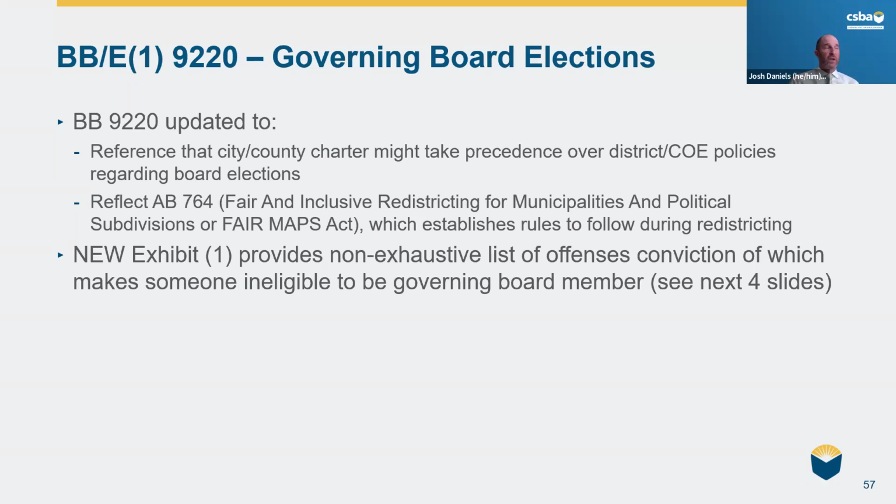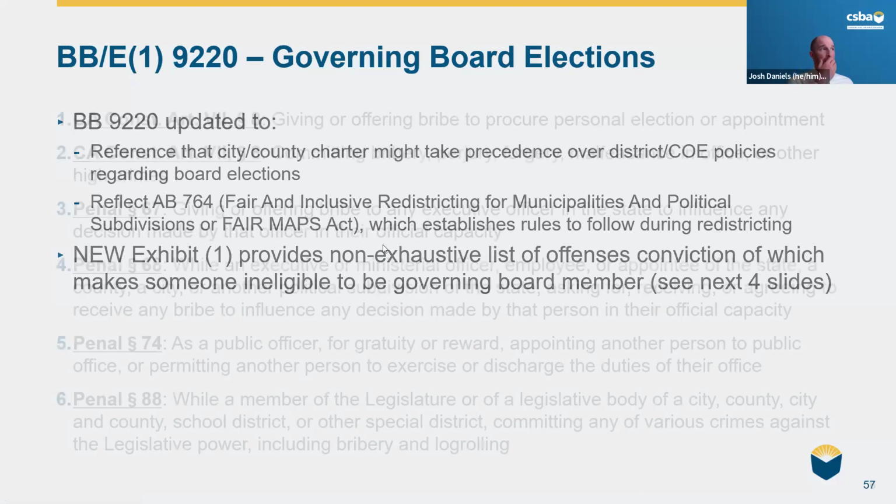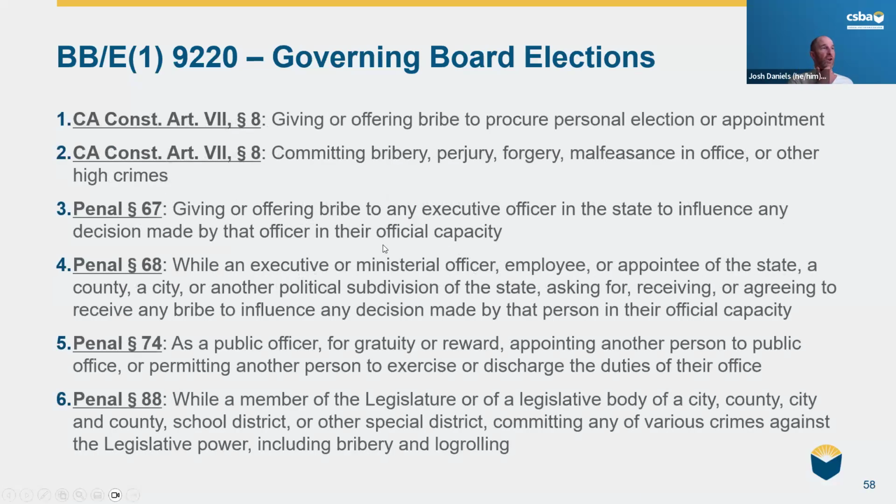But the biggest change is the creation of a new exhibit. Under state law, there are a number of provisions that would prohibit somebody from running or taking a seat as a governing board member. I'm not going to go through each one, but we did include them in the slides, of course, in Exhibit 2, which are those provisions. Some come from the Constitution, some come from the Penal Code.